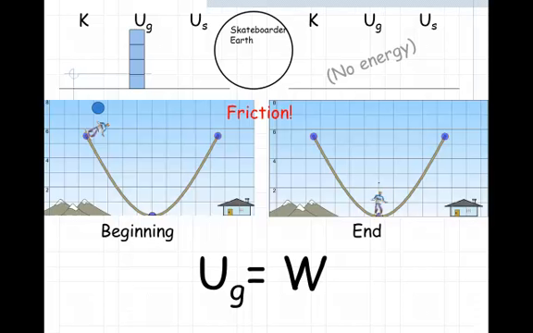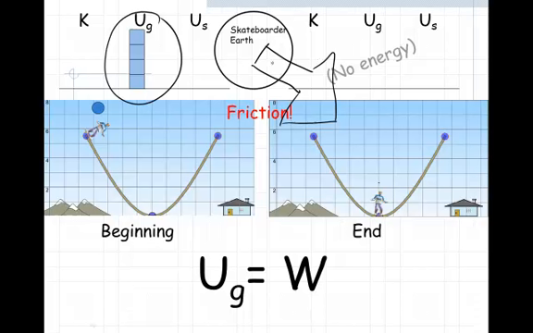So what we therefore say is that all the energy that we had at the beginning transferred out of our system. So we draw a big arrow showing that the energy is being transferred out of our system due to work.